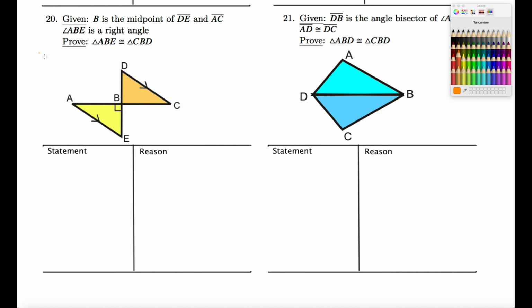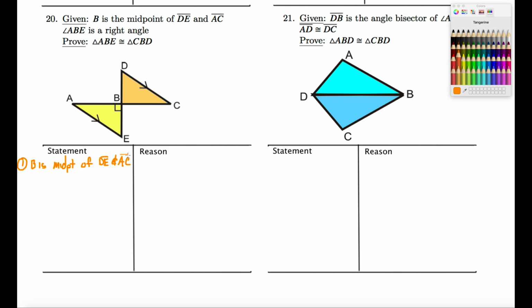Speaking of orange, let's get our givens. B is the midpoint of segment DE and AC, really just scrunching it in there.